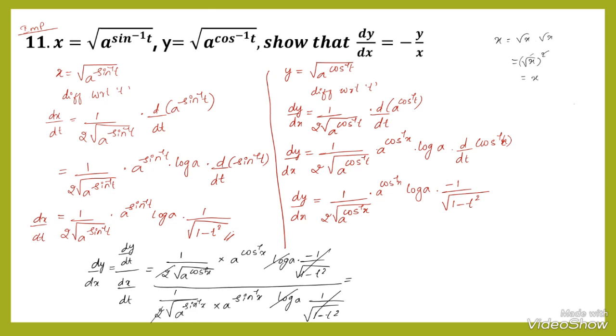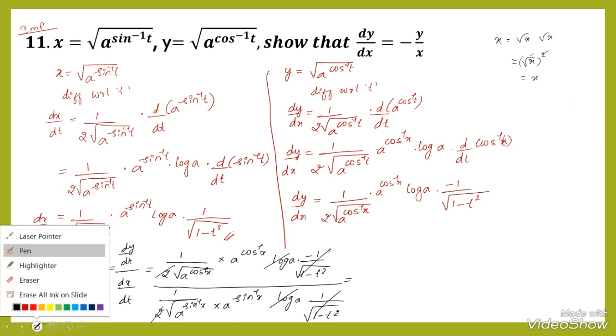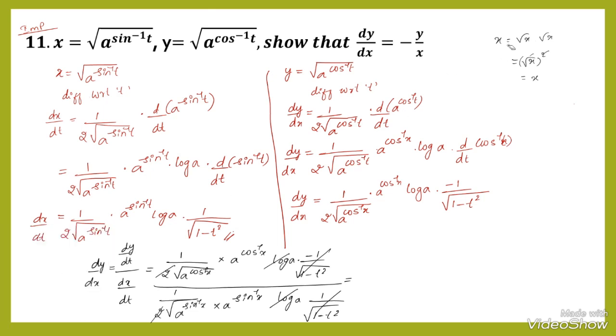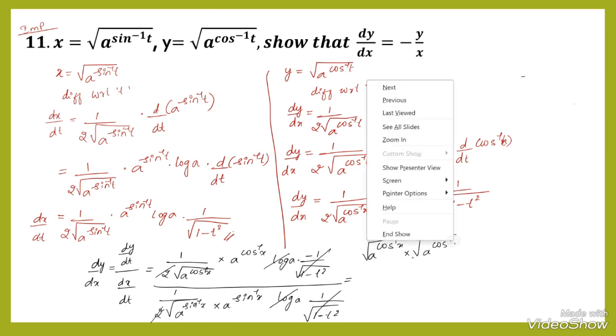That's why we have to express the values by using the root. So I can take a to the power cos inverse x. Here, a to the power cos inverse of x can be written as root of a to the power cos inverse of x into root of a to the power cos inverse of x.